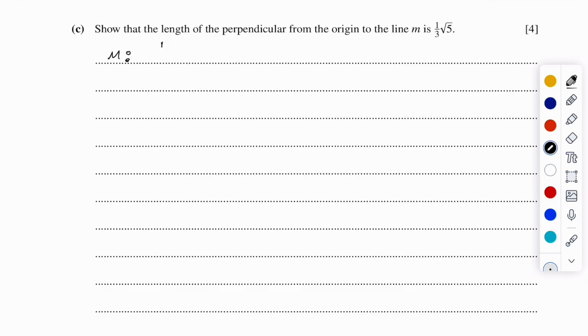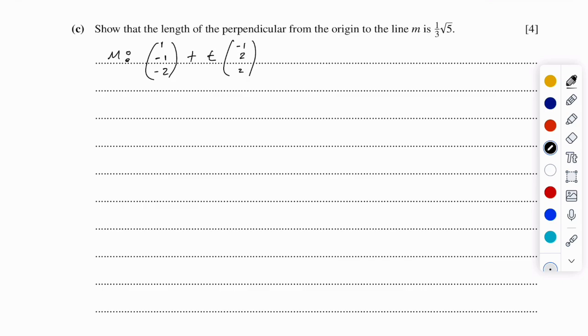This is one of the classic questions that comes up all the time. So M is (1, -1, -2) plus t of (-1, 2, 2). Brilliant.